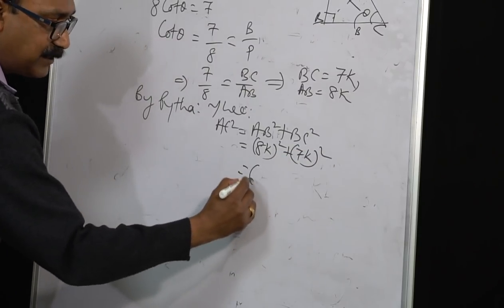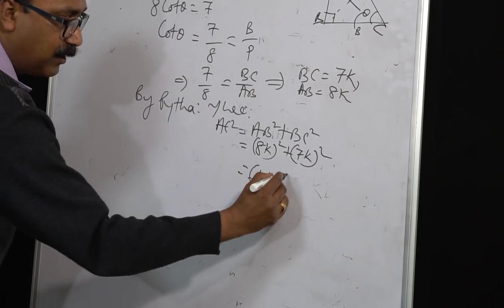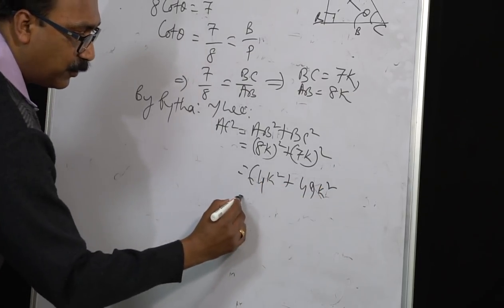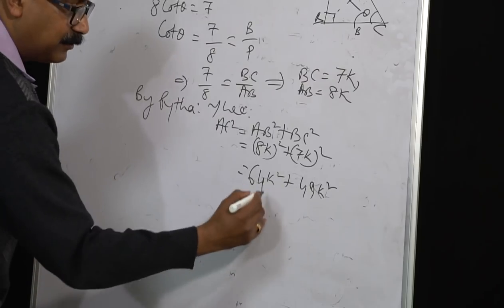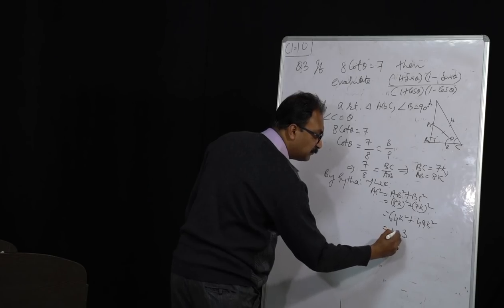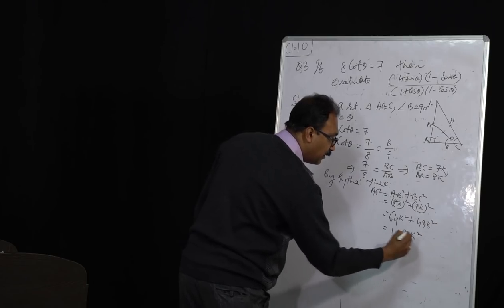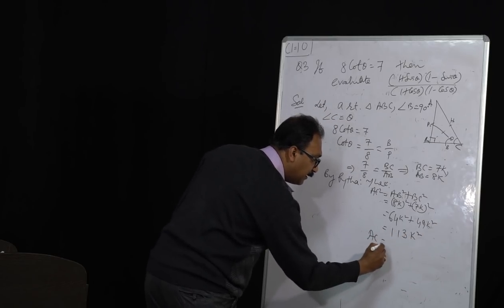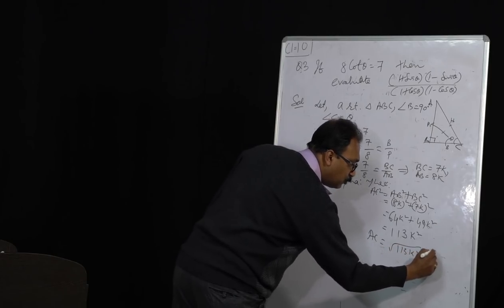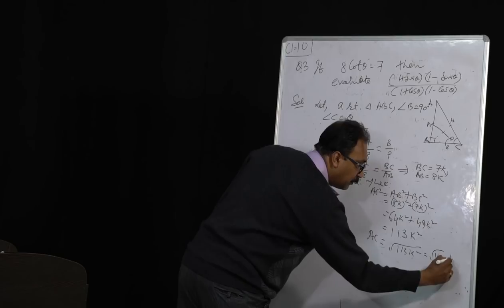So it becomes 64K square plus 49K square. Add it, 113K square. So what will AC be? It is root 113K square, which means root 113 K.